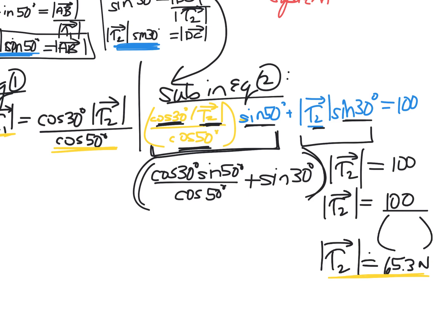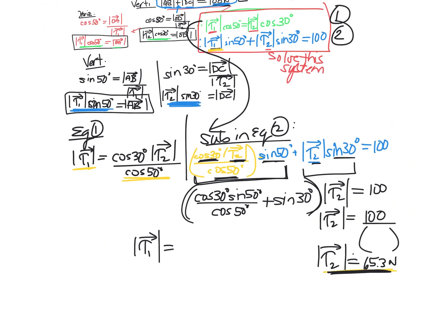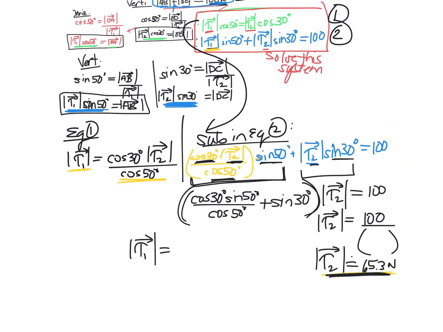So how do I finish the question and find the magnitude in string 1? Well, I have the magnitude in string 2, so I go back to my equations, any equation I want, and sub in the magnitude of string 2 to get the magnitude of string 1. The smartest place to sub it in is the equation that already has T1 by itself.